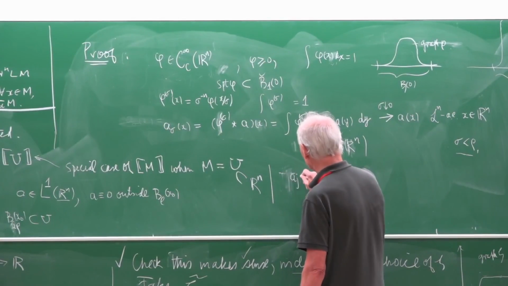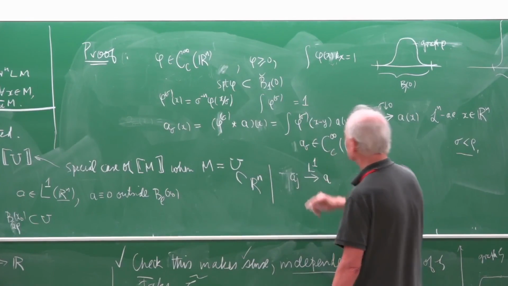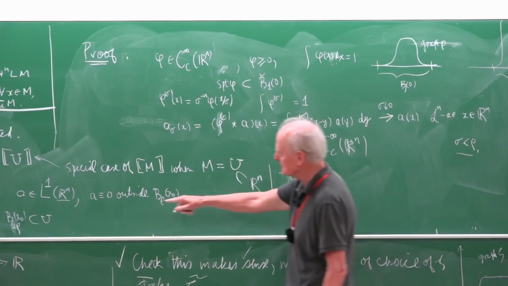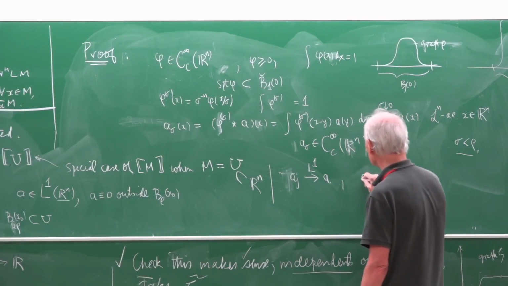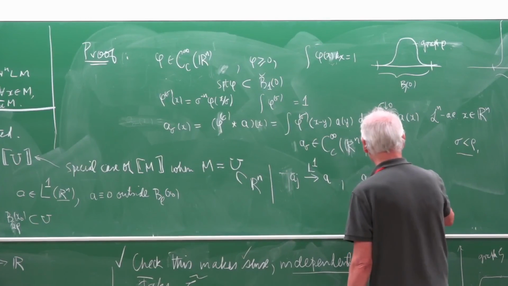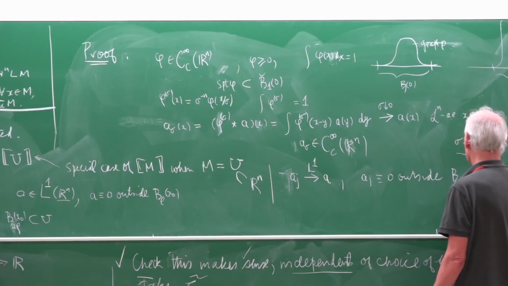Suppose that we've got a sequence A_j converging to A in L1. So remember, A is an L1 function here, arbitrary, identically 0 outside. And suppose that all the A_j are 0 outside the ball of radius rho, B rho x0.